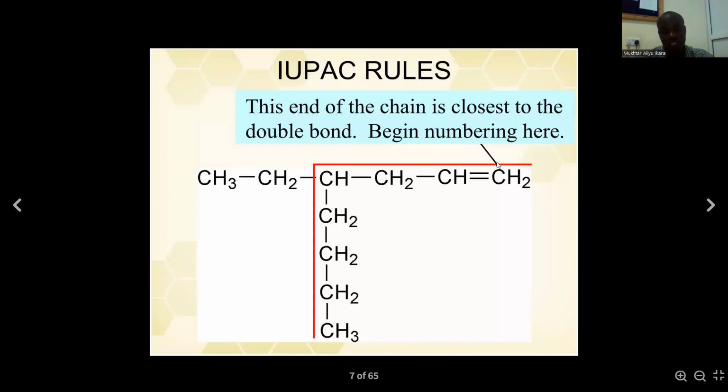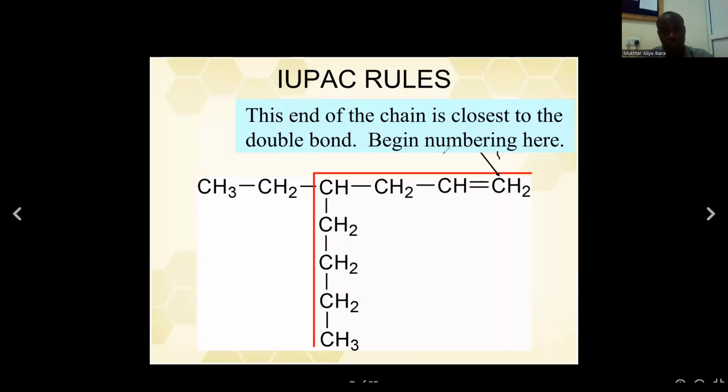So we number this as 1. We start by numbering this as our number 1 carbon. Then we move to 2, then 3, which is this one, then 4, then 5, and we move to this one, 6, 7, then 8.